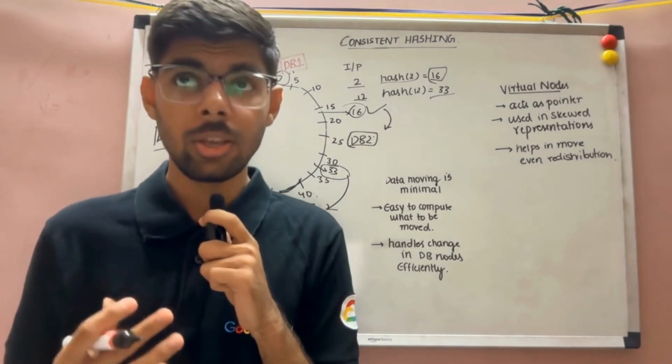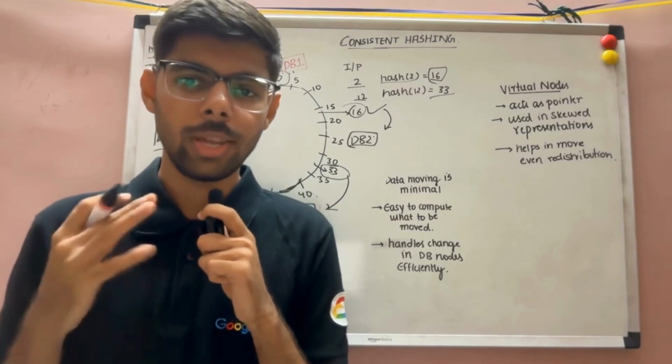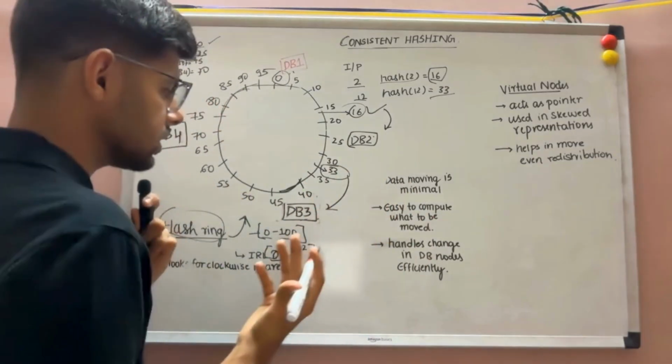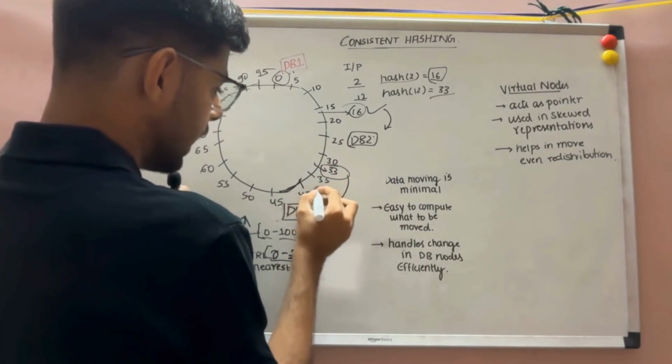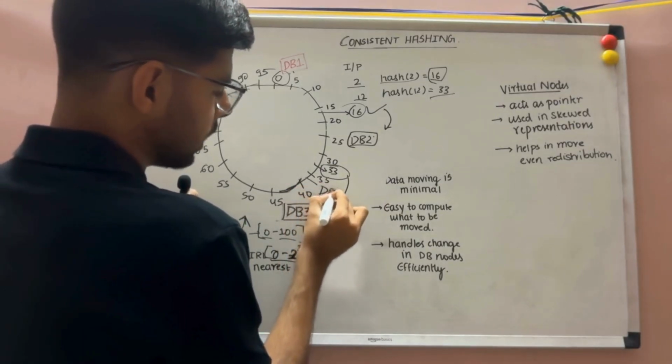Now how does this solve the problem of data movement? Let's say we introduce another database node, and we just place it at 37, and we have DB5.